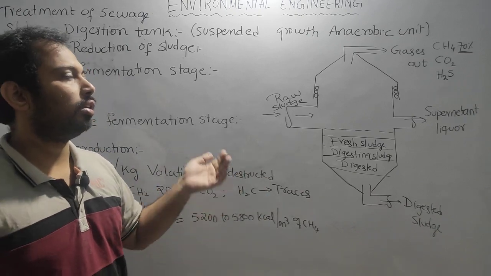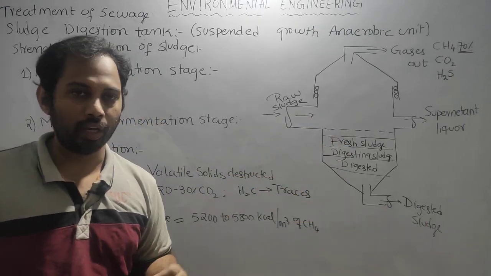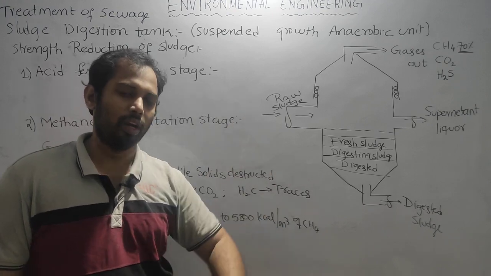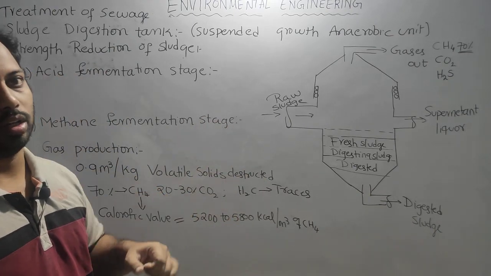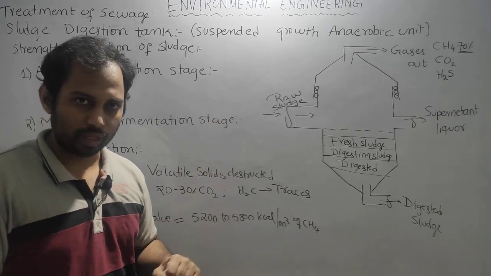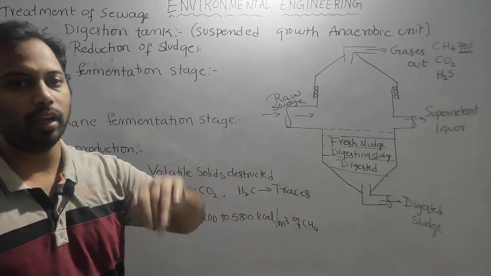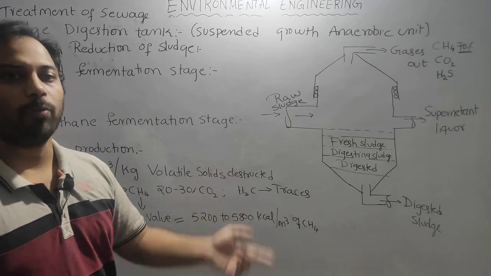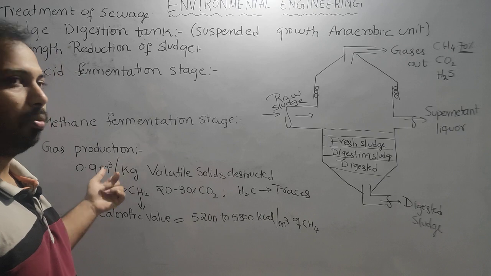Again, if they give the efficiency of the sludge digester, so these many volatiles are coming into it, but in the sludge digester only this many volatiles are destructed. That means in that 100% volatile solids, only 70-80% are being destructed in the sludge digestion tank. Then we need to again calculate how many volatile solids are destructed, and from that, 0.9 meter cube gas is coming.